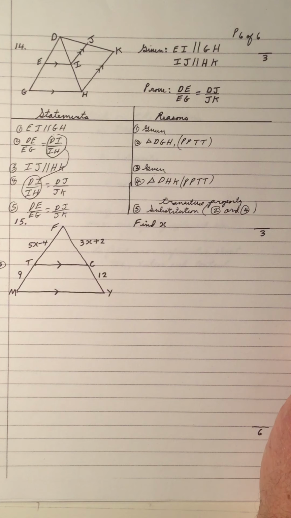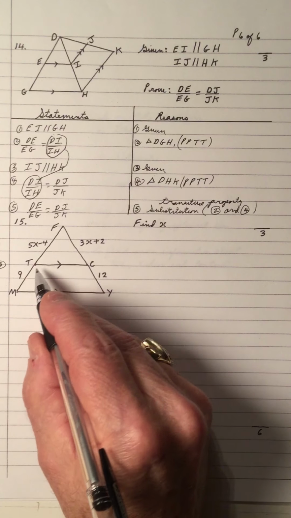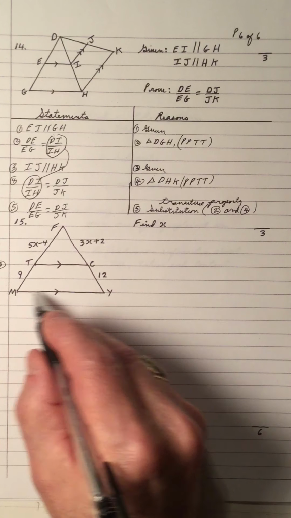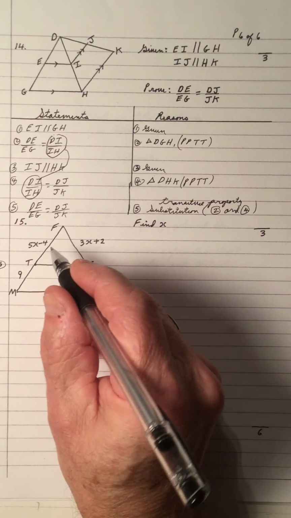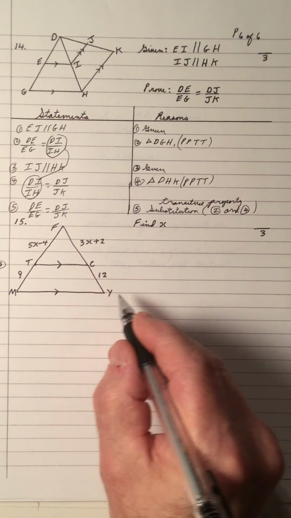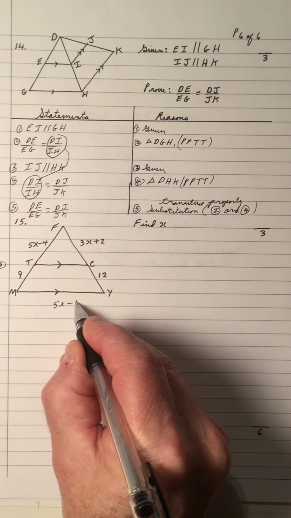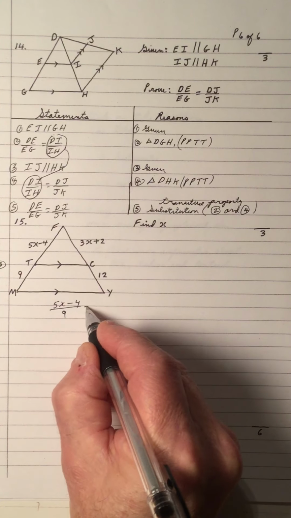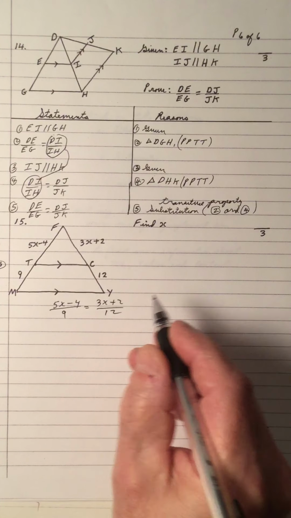Check with your teacher. Number 15, we have to find the value of x. We have a triangle with parallel sides, so we can go with the PPTT. So we got 5x minus 4 over 9 equals 3x plus 2 over 12.